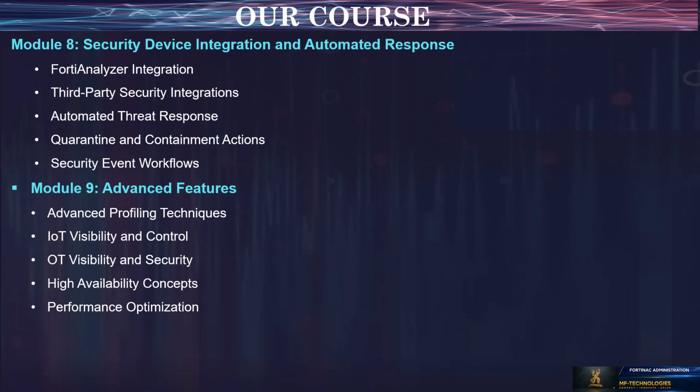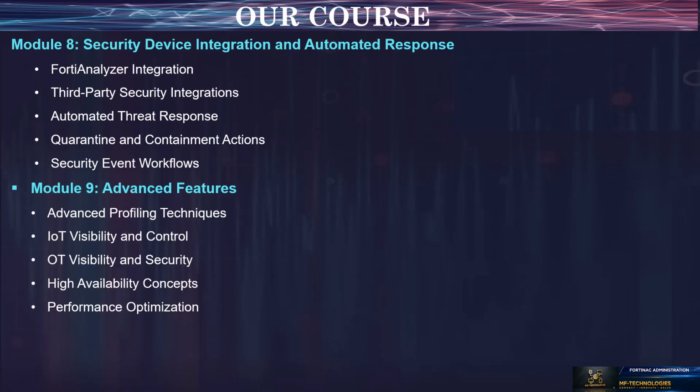In Module 9, we will introduce several advanced Fortinet capabilities. We will discuss advanced profiling techniques, enhanced IoT visibility, operational technology security, high availability concepts, and performance optimization of large-scale enterprise deployments.